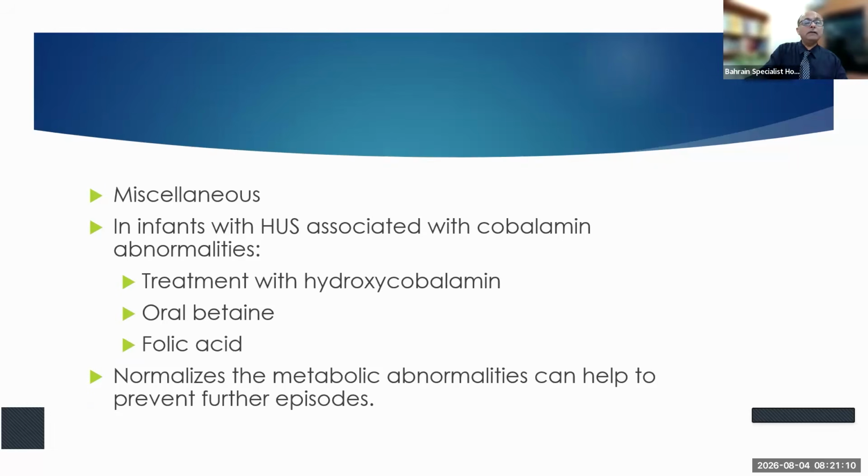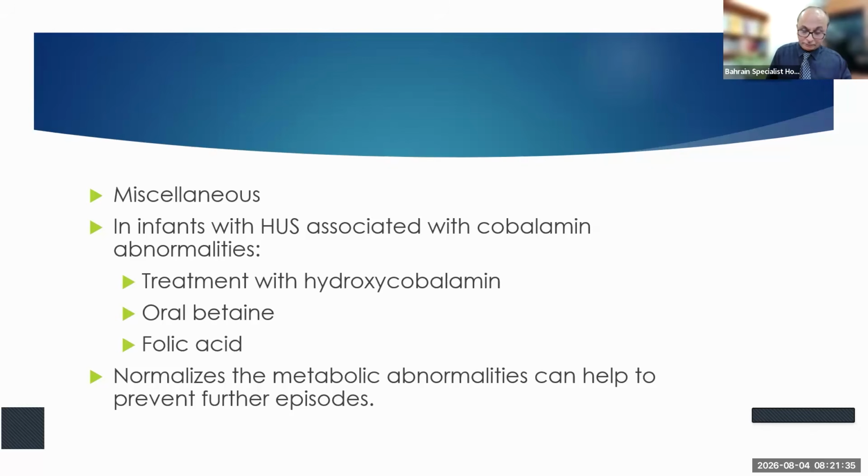Miscellaneous: an infant with HUS associated with cobalamin abnormality can be treated with hydroxycobalamin. Proper oral hygiene, oral betadine, and folic acid should be used. Normalization of the metabolic abnormality can help prevent further episodes of HUS.